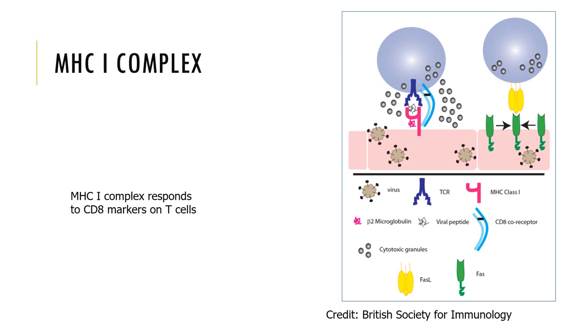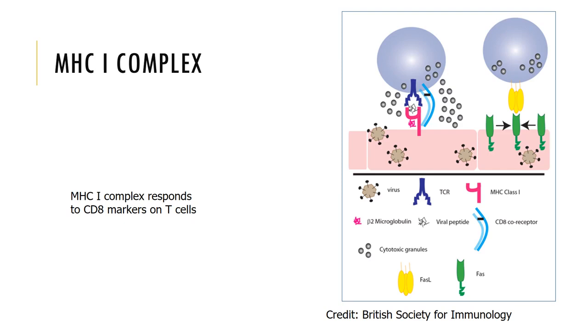Instead, they possess the class 1 MHC protein shown here. And these proteins bind to the foreign antigen and stimulate only cells that possess CD8 markers. CD8 T cells differentiate to form cytotoxic T cells, suppressor T cells, and memory T cells.